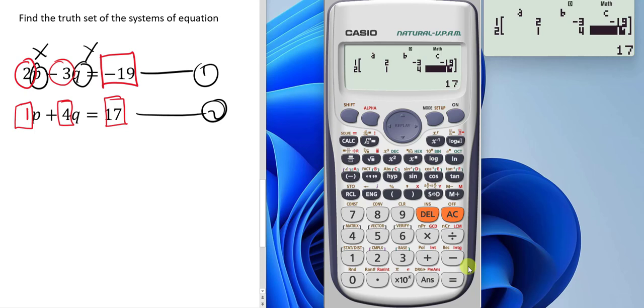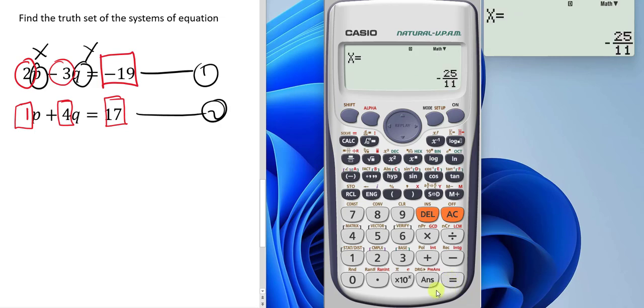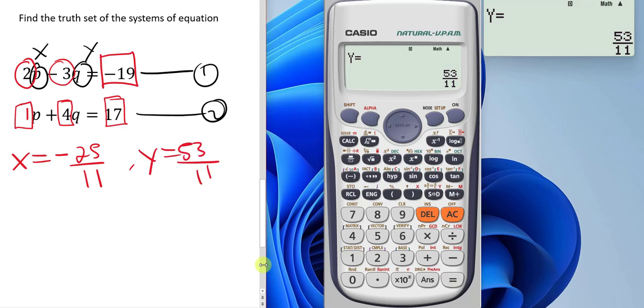So the next thing for you to do is to press equal to sign again. So we are going to have our values. After pressing the equal to sign, the calculator is giving you x to be equal to -25/11. You press equal to again, and you have your y to be equal to 53/11.